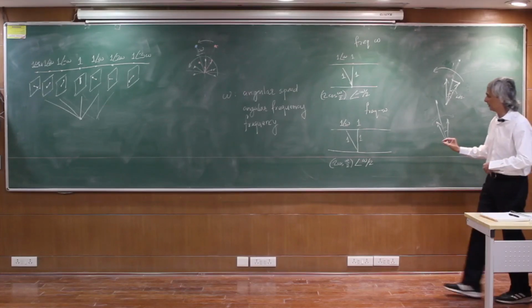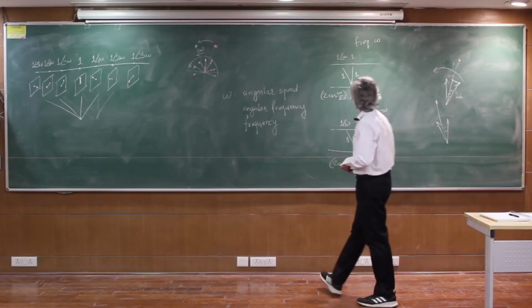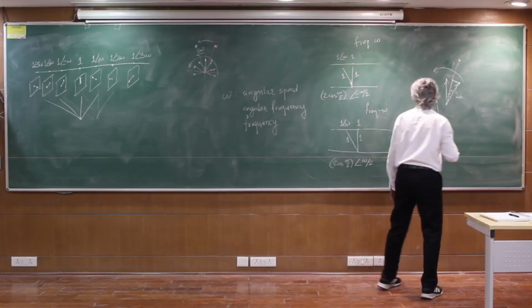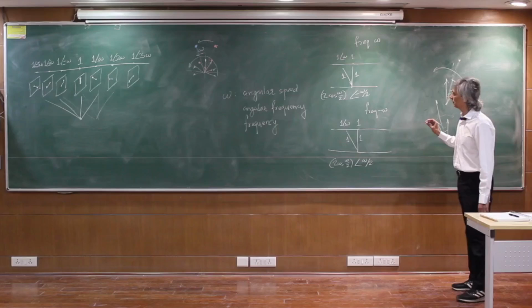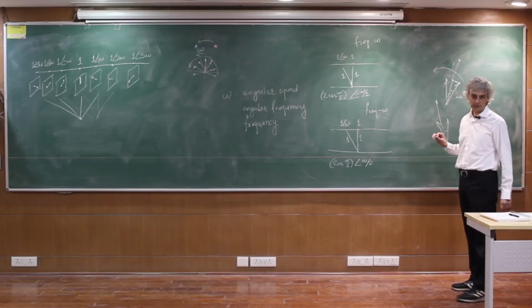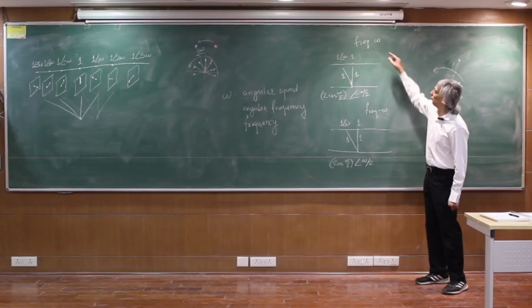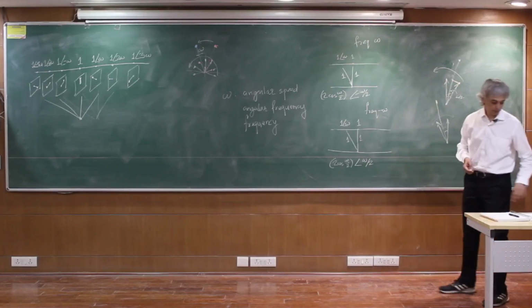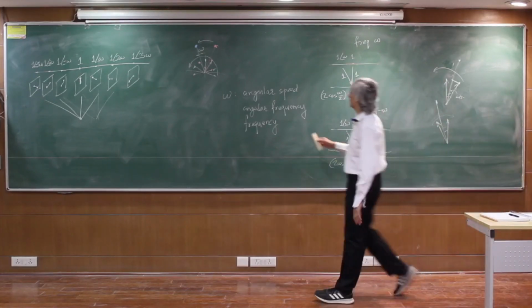Now, let's say I had a sinusoidal of a frequency omega. What does that mean? A sine wave of frequency omega.